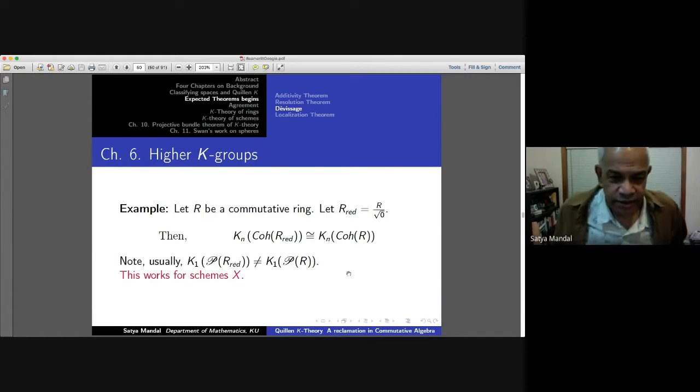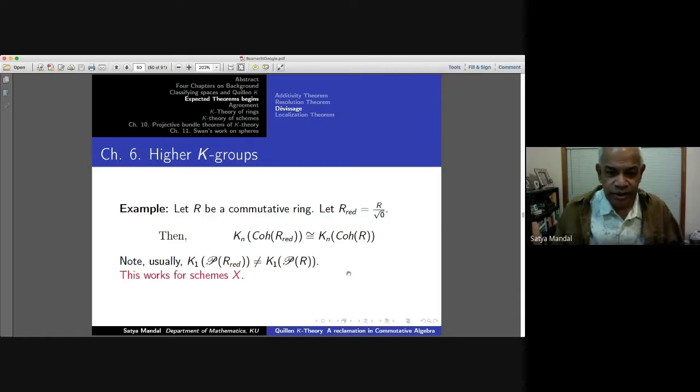They will coincide. Okay. And this is very interesting. I cannot say K1 of a reduced, K1 meaning the projective modules, which we can compute, is the same as the other; these two don't agree.